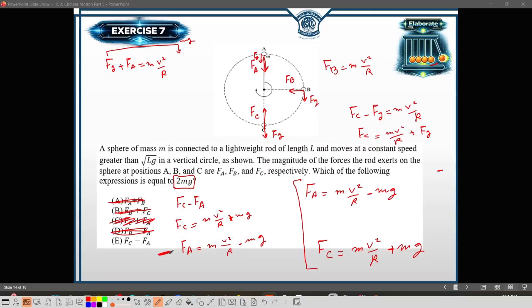Now, when we add minus outside, we should multiply the minus with every single term. So minus times Fa is minus Fa, minus times mv squared over r is minus, and minus times minus mg is plus. Now we add them. Fc minus Fa equals mv squared over r minus mv squared over r, they cancel out. mg plus mg is 2mg. This is why the correct answer would be Fc minus Fa.